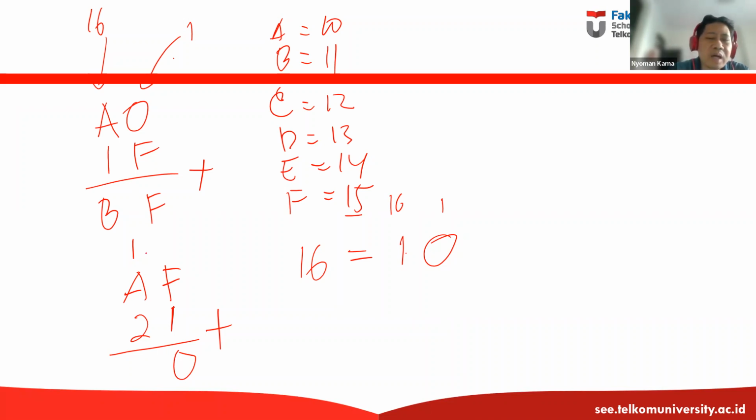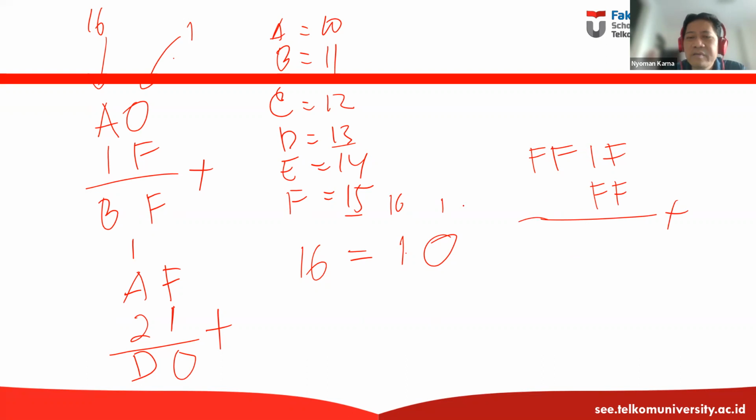Okay, now 1 plus A plus 2. A is 10, so 10 plus 1 plus 2 is 13, and 13 is D. So AF plus 2, 1 is D, 0. Okay, next example. Let's say I have F, F, 1, F. Now I'm going to add, let's say, F, F in here.